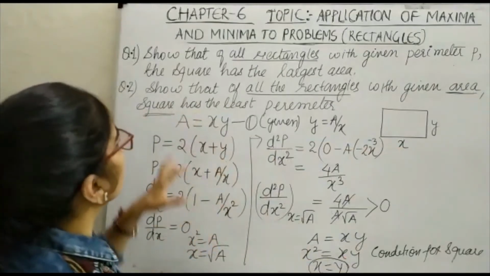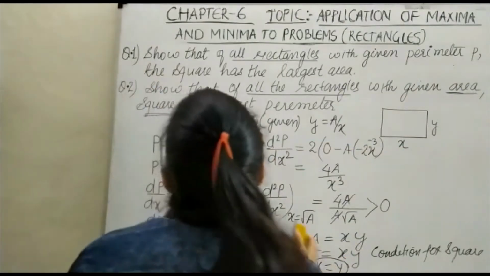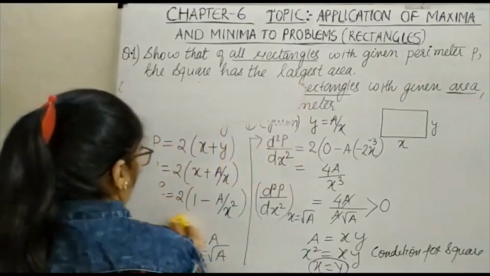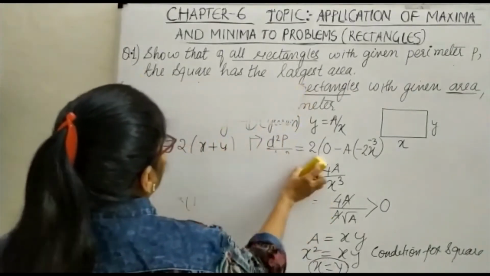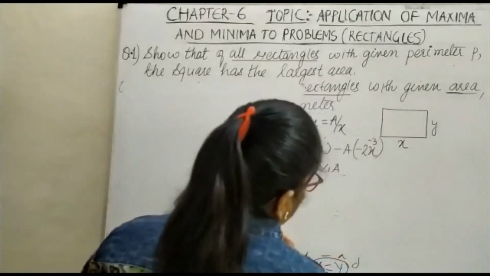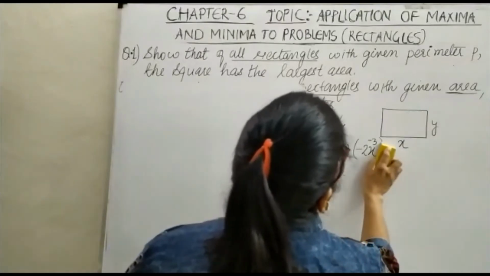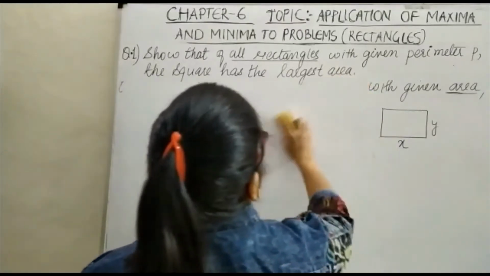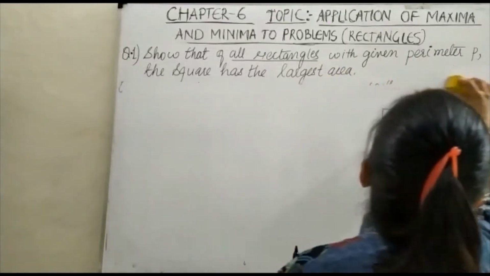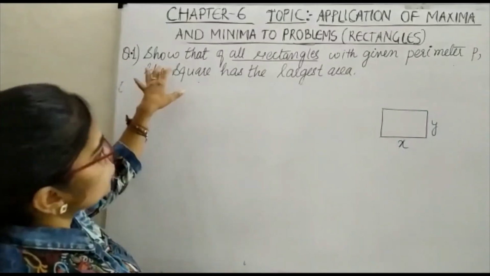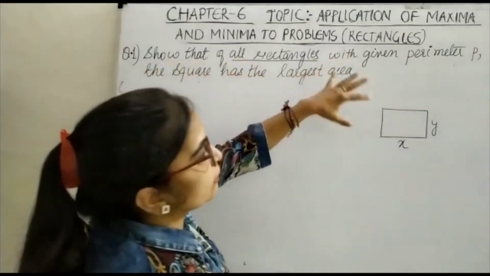In the same way, we will move for the question number 1. In question number 1 it is show that of all the rectangles with given perimeter.